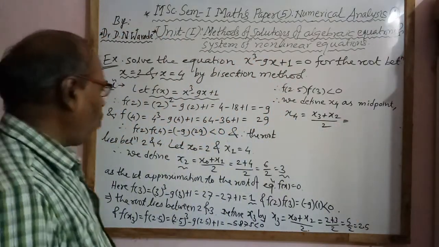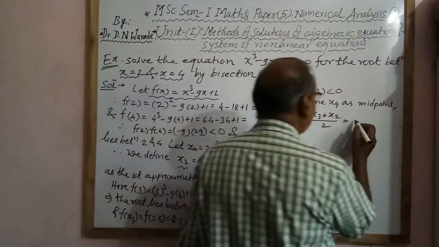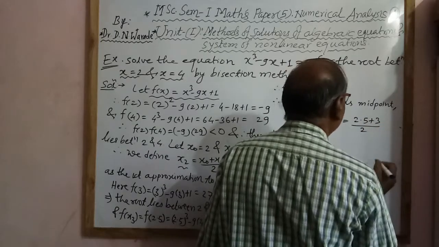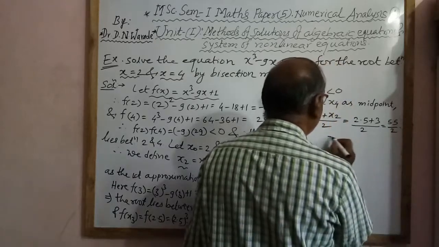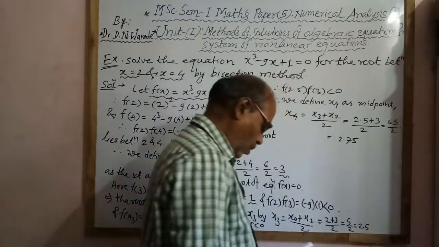Now x2 equal to 3, x3 equal to 2.5. 2.5 plus 3 divided by 2, which is 5.5 divided by 2, which gives 2.75.